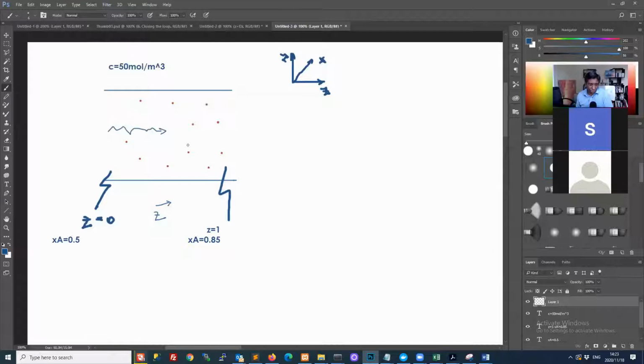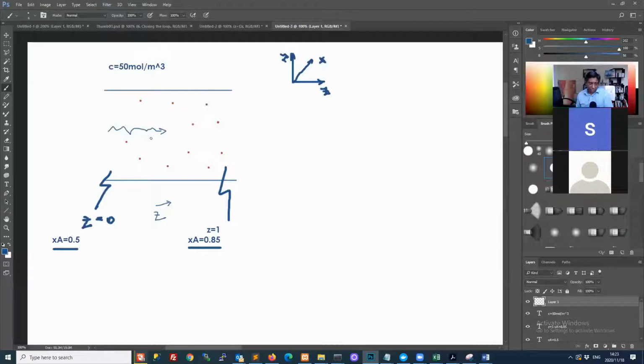We are not saying the concentration is the same everywhere. And in fact, from the specs of the question, you can see that the concentration is not the same everywhere. But at the same time, the molar flux could be constant. We know the molar flux is not 0. We know there is a concentration difference of component A. So there is going to be a net molar flux, which is not 0. But at the same time, that molar flux could be a constant number.